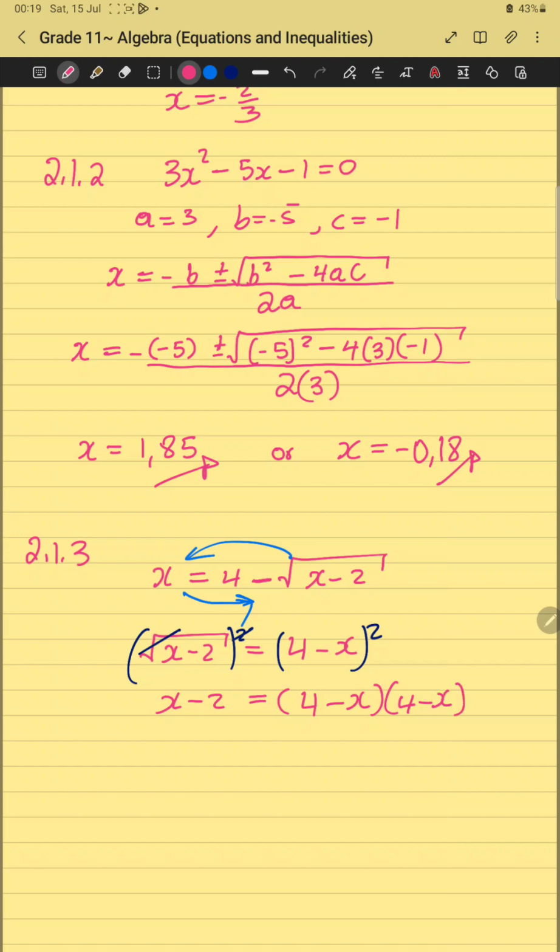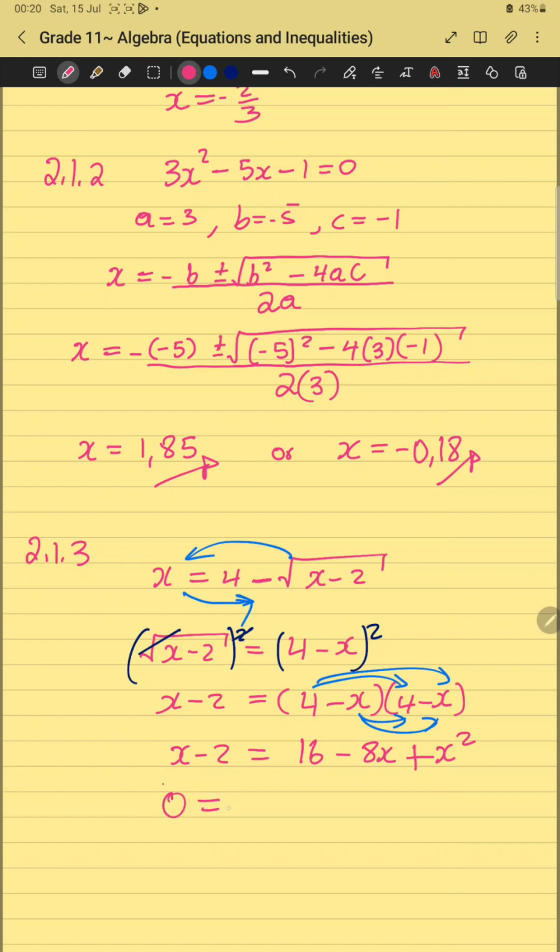So we say 4 times 4 and 4 times x, x times 4 and x times x. Simple as that. So 4 times 4 is 16, 4 times x is minus 4x, and x times 4 is minus 4x. Minus 4x minus 4x is negative 8x, and x times x is positive x squared. And then we take these to that side and equate to 0.